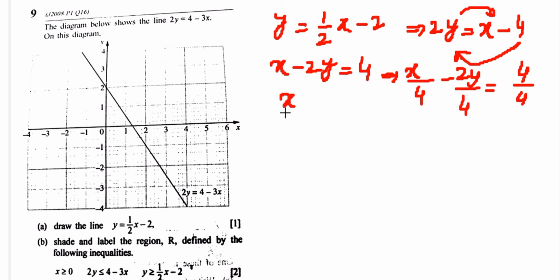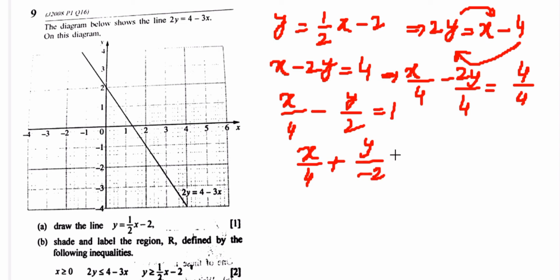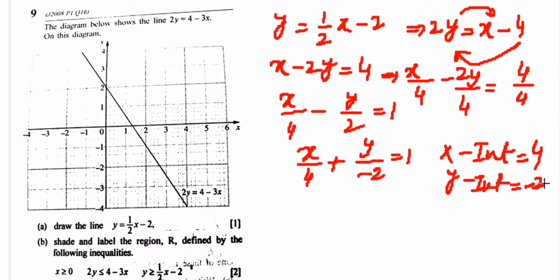This becomes x by 4 minus y by 2 is equal to 1. This can further be written as x by 4 plus y over minus 2 is equal to 1. Now the number below x, 4, shows the x-intercept. So the x-intercept of the line is 4 and the y-intercept is minus 2.